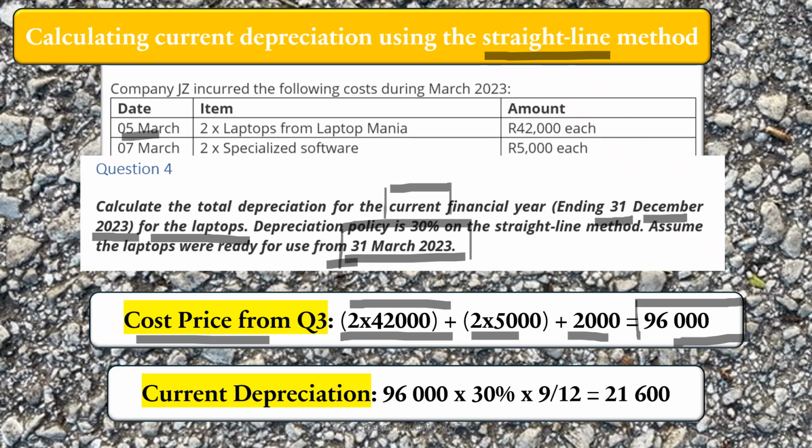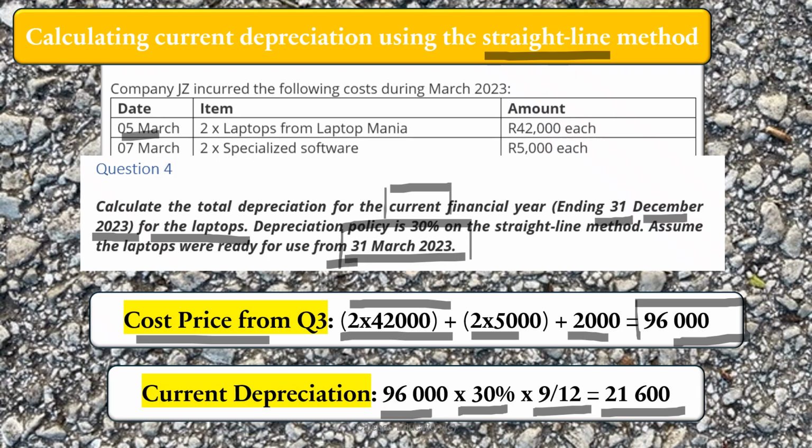And the current depreciation is 96,000. They said the laptops, if I didn't mention it before, they're being depreciated at 30% per annum. And from the end of March to the end of December, it's 9 months, so multiplied by 9 over 12 is equal to 21,600.